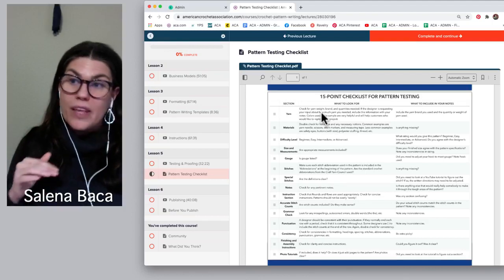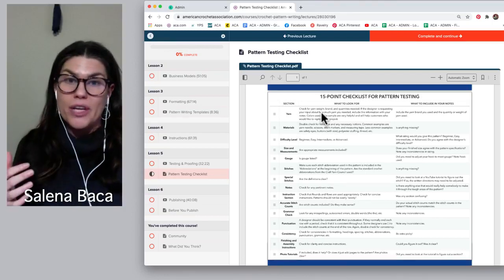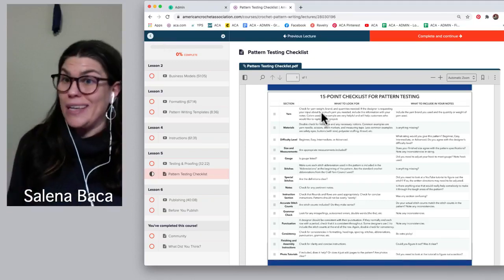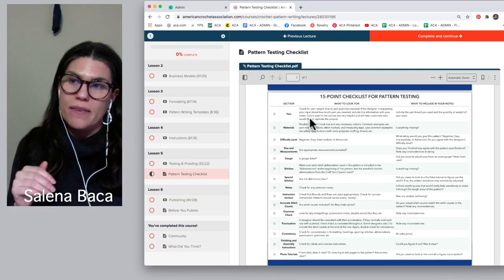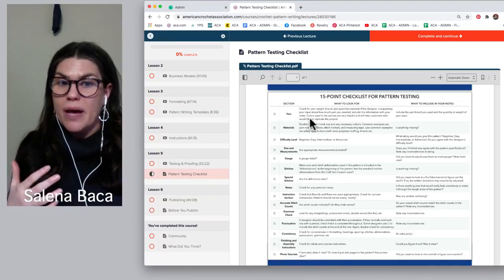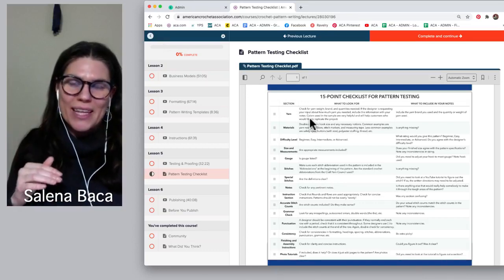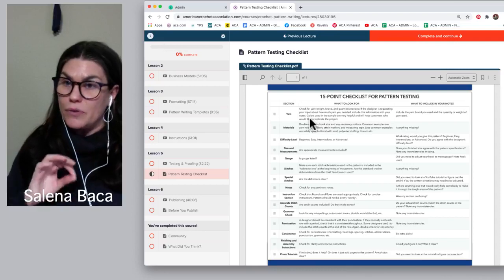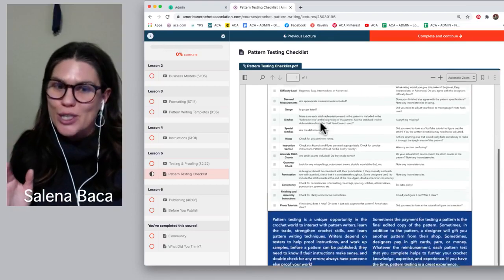However, even though you are an experienced crocheter, even if you're looking at a beginner, easy or intermediate pattern, you may skip things. So this checklist will help remind you to look over certain parts of a crochet pattern to assure that it's written appropriately, but also that your sample follows certain parameters. So that's what this first checklist is.